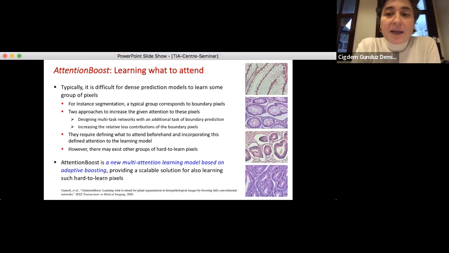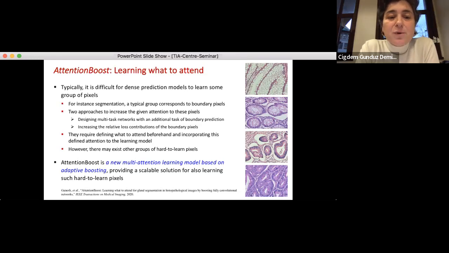So as we know, it is difficult for a segmentation model, for a dense prediction model, to learn some groups of pixels. As we mentioned, for instance segmentation, a typical group corresponds to boundary points. In order to make a segmentation model learn these boundary points sufficiently, there could be different approaches. So there are 2 main approaches.